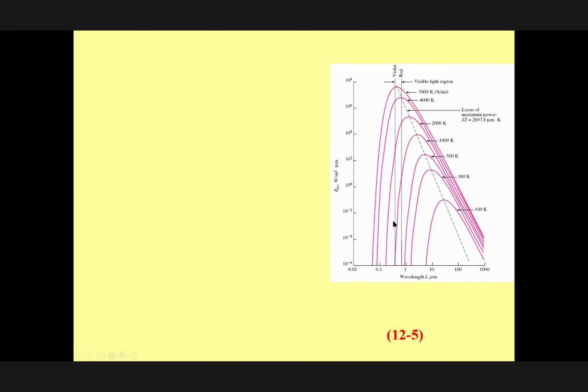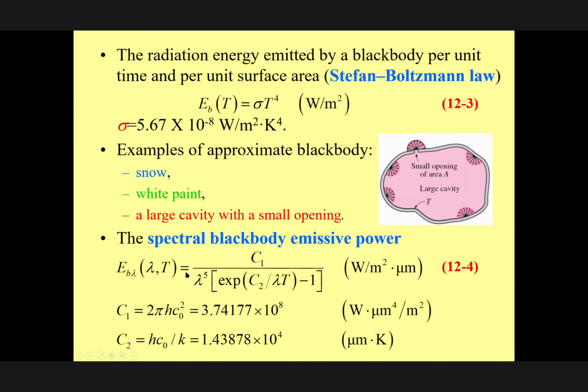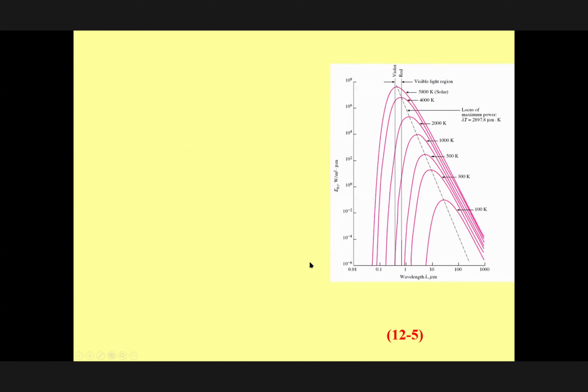This curve didn't come from the sky. This curve came from this expression, okay? If I plot that curve for different temperatures, for example a body at 100 Kelvin, this energy comes from that body.